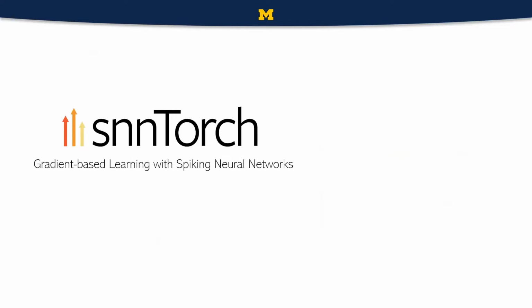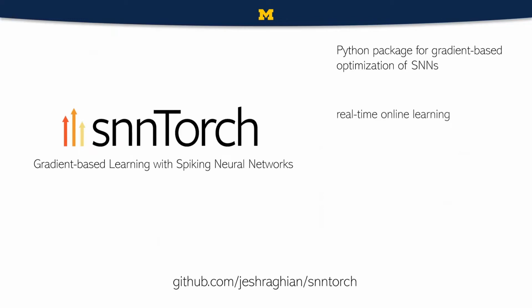So in doing that, we've gotten this modular package, and I got to use a bunch of the graphic design skills that I learned in high school. And I built what's called snnTorch, a gradient-based learning framework for spiking neural networks. It sits on top of PyTorch. It's open sourced on GitHub. It involves some fancy tricks for real-time online learning.